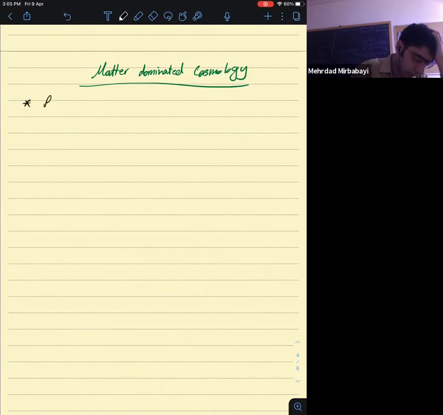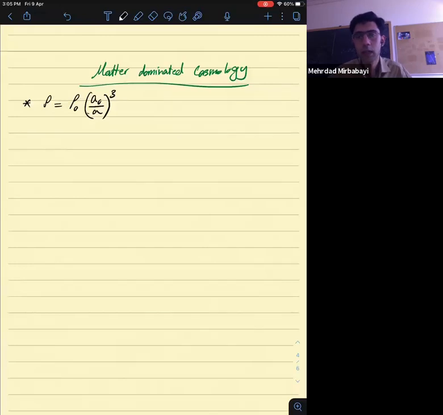So rho is equal to rho naught times a naught divided by a cubed, where this index 0 means now. I just pick some arbitrary time, and refer to values of different quantities at that time with index 0.